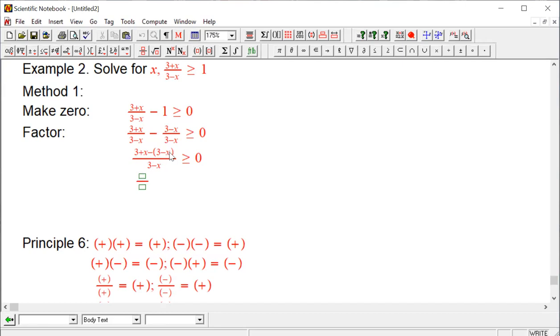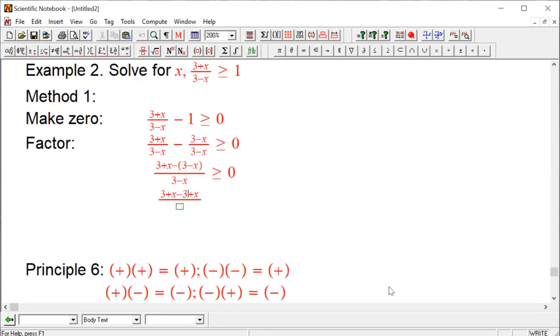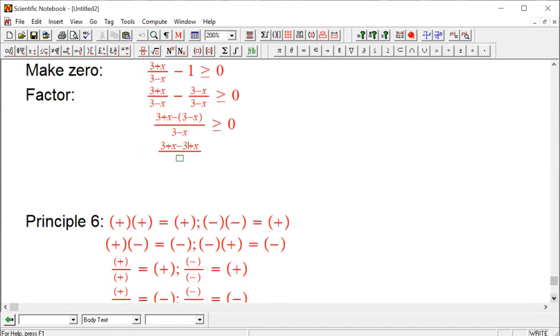Opening up the parentheses, you have 3 plus x minus 3 plus x, sorry, minus (3 minus x). Let me make the fonts even larger, because we can. So the denominator 3 minus x, larger than or equal to 0.